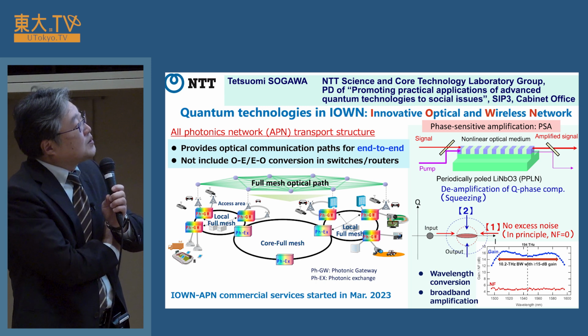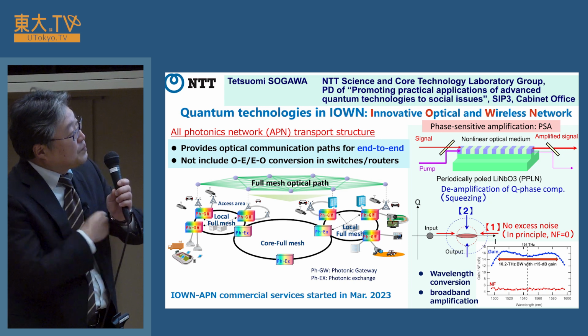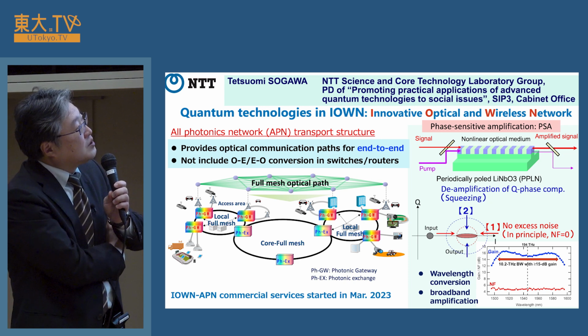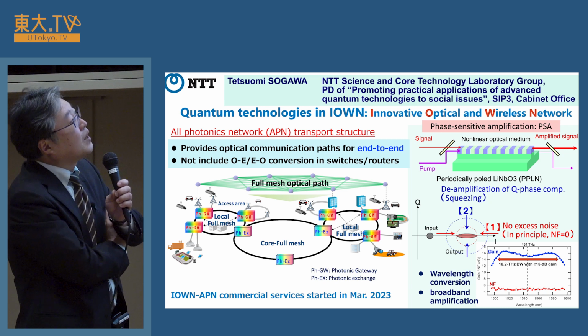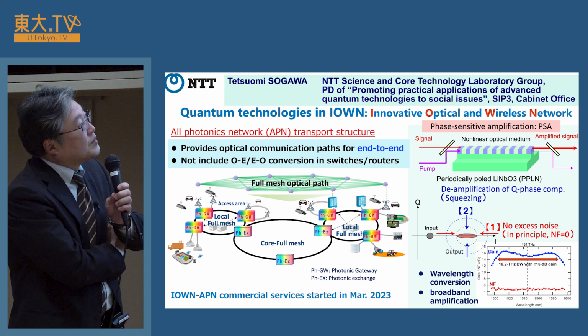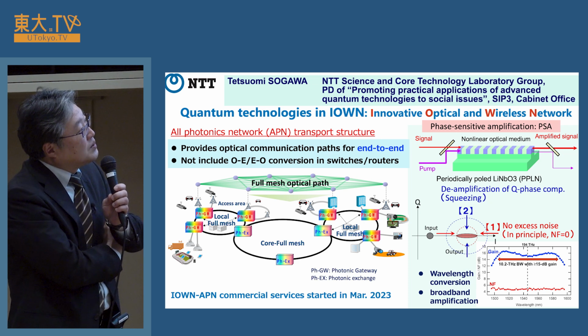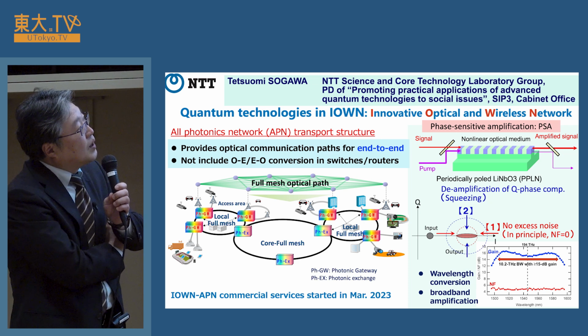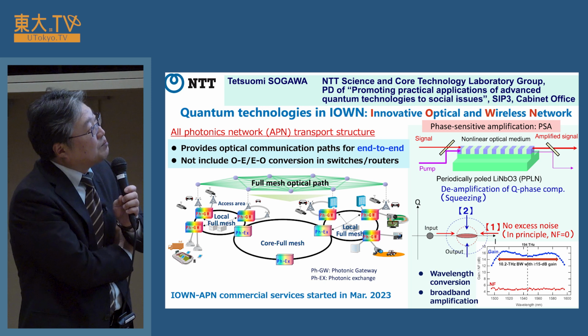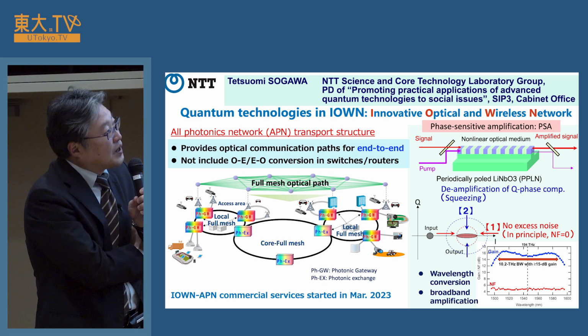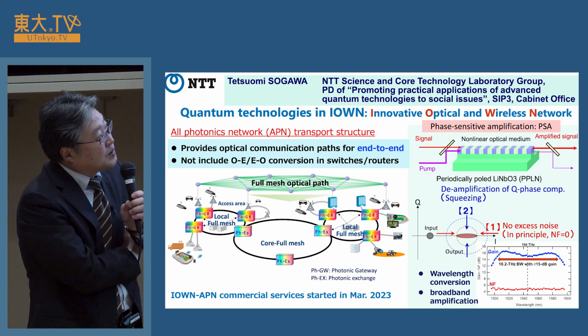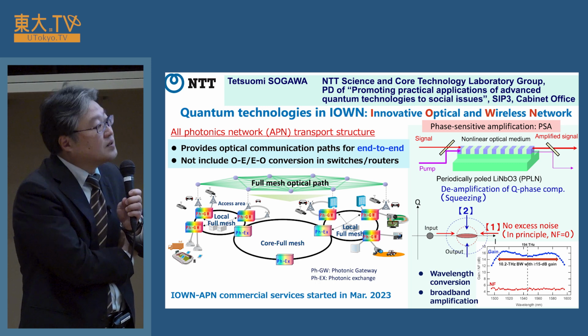And as Furusawa sensei explained, we have been developing next generation nonlinear optical devices called PPLN waveguide, as shown here. The important performance is this device provide phase-sensitive amplification. This means only signal can be amplified without increase in the noise.